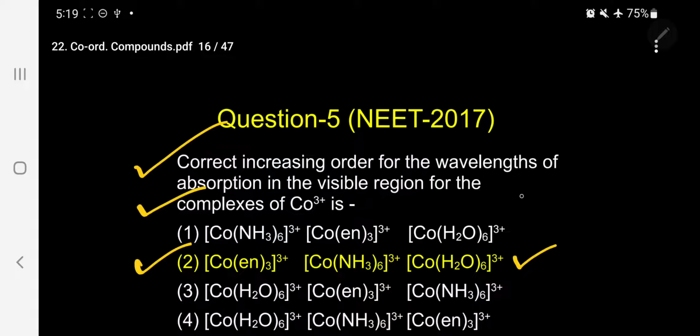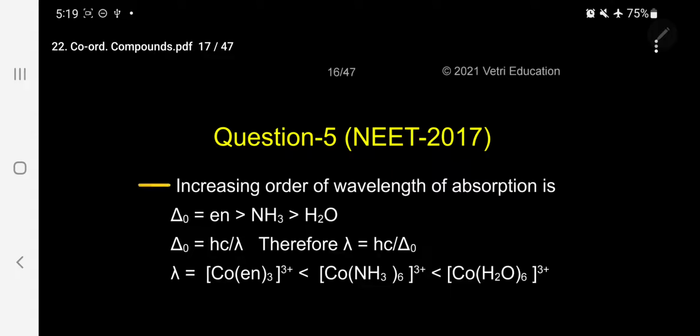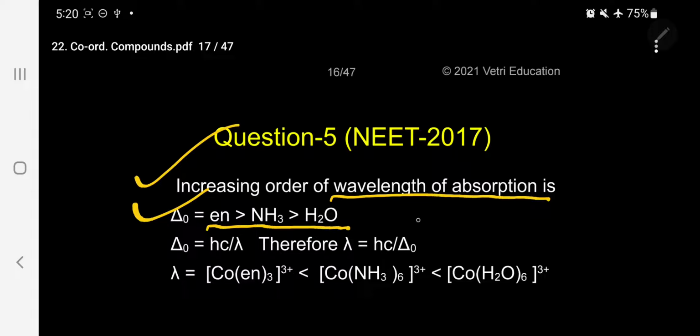Coming to the visible region, kindly follow. I will explain here. In the increasing order of wavelength of absorption, that is delta 0, this is the order: ethylenediamine is greater than ammonia, greater than water. As in crystal field theory, suppose we have eg orbitals and t2g orbitals.